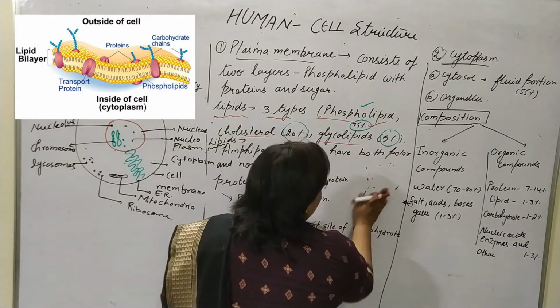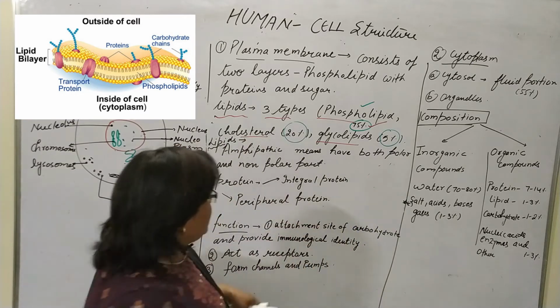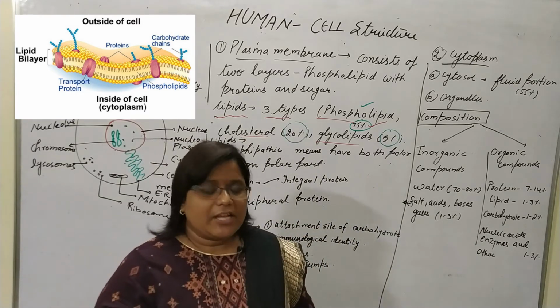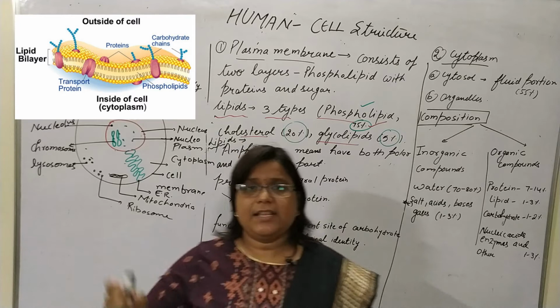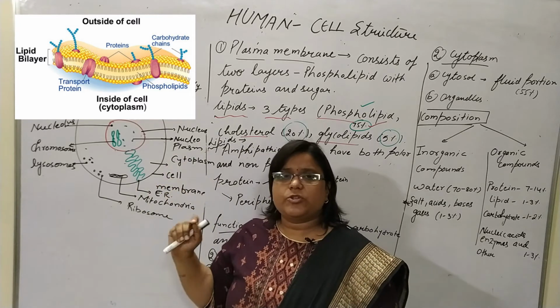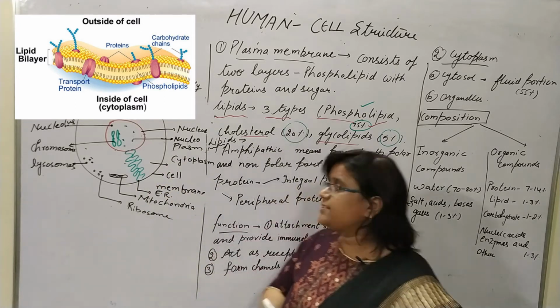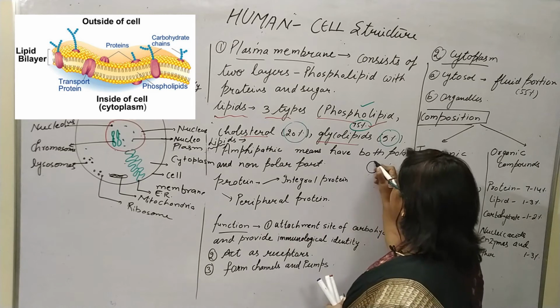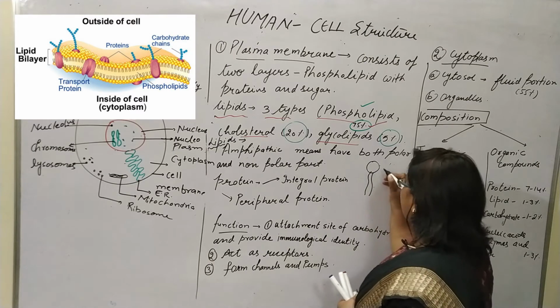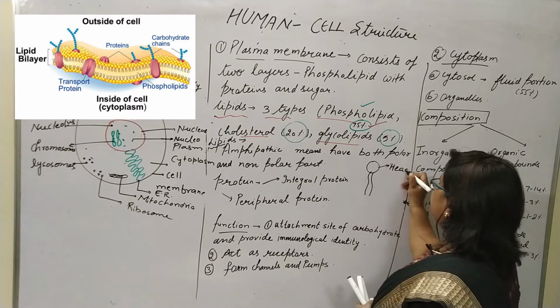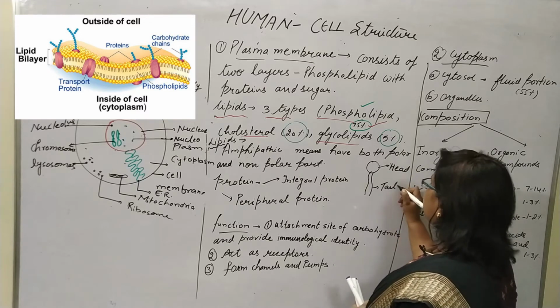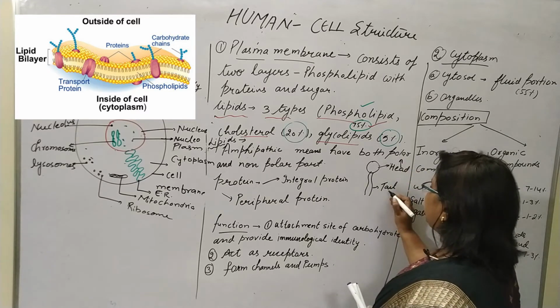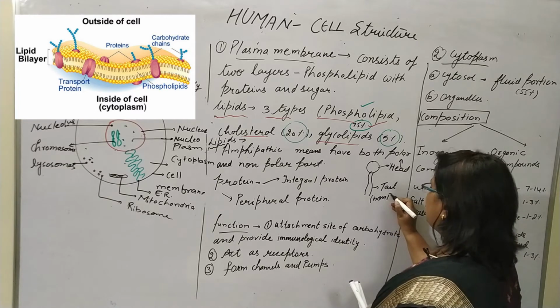As you can see in this diagram, the lipid is shown with a head and tail structure. The head is the polar part and the tail is the non-polar part.